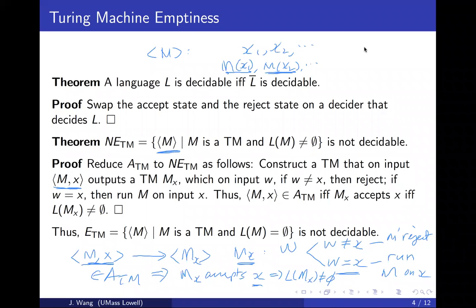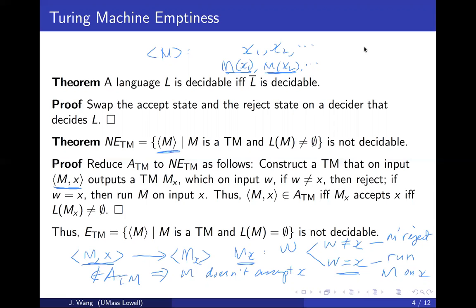So let me write it here. If the encoding of M comma X is not in A sub TM, that means M doesn't accept X. It could be two cases: one, it rejects X; other, it goes into an infinite loop.